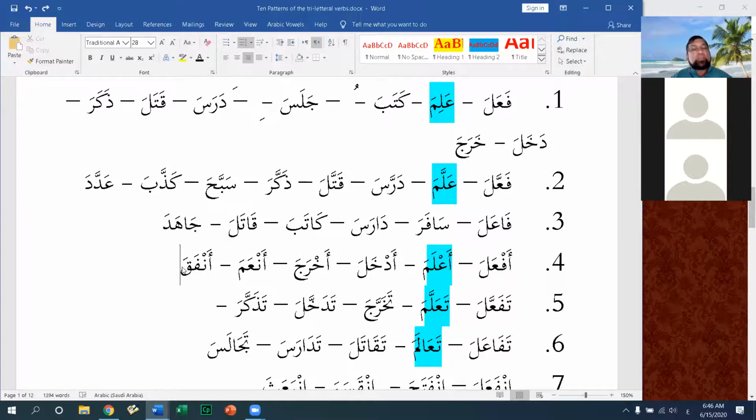Munfiq is the one who spends. Munfaq is the one you spend upon. And infaq is the act of spending.